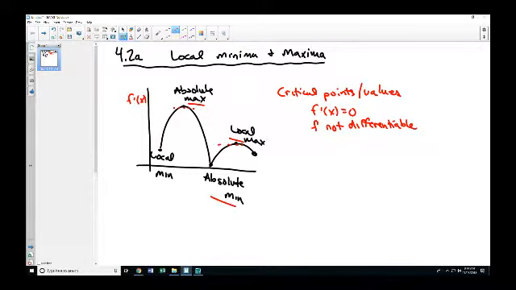So that we have done all the calculus related to that, correct? We've talked about not differentiable, we've talked about where f prime equals 0. Okay. Our focus today is just on local mins or maxes. Okay. There's a test we use called the first derivative test.